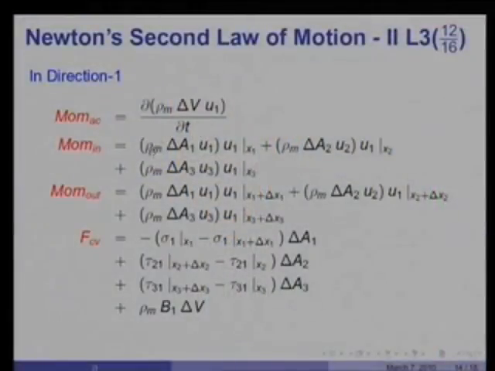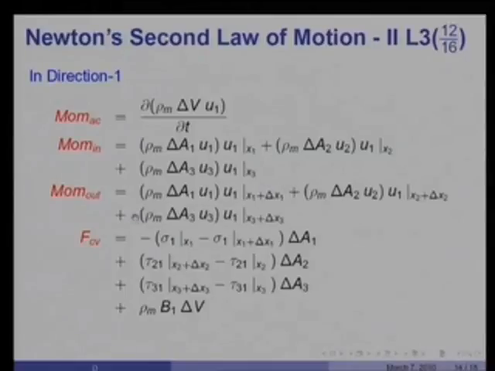That also must be multiplied by velocity u1 to get momentum in direction 1. And likewise, mass is coming from the back at x3 equal to constant surface, which must also contribute to momentum in direction 1. So I have three terms: mass coming in at surface x1 multiplied by u1, mass coming in at surface x2 multiplied by u1, mass coming in at surface x3 multiplied by u1.